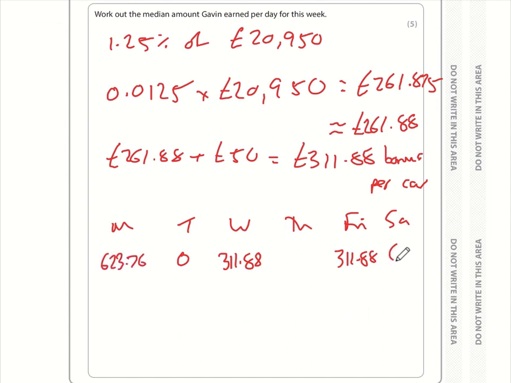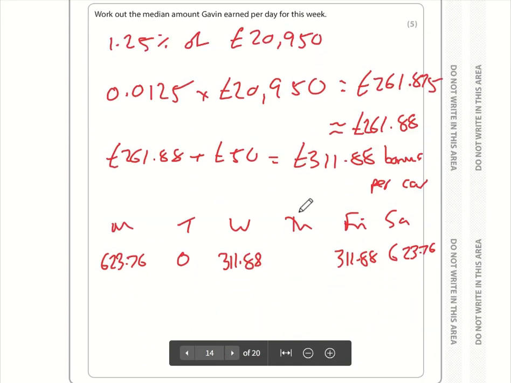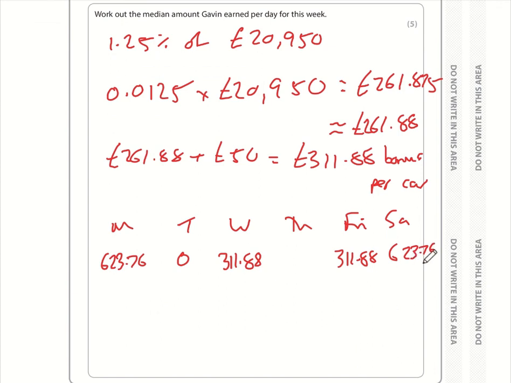And again on the Saturday, 623.76, and on Thursday I believe it was 4, and 4 is double the Saturday, so you could just double that, or 4 times 311.88 is also fine, so that's going to be 1247.52. Now we want the median, which is the middle amount when these numbers are in order.